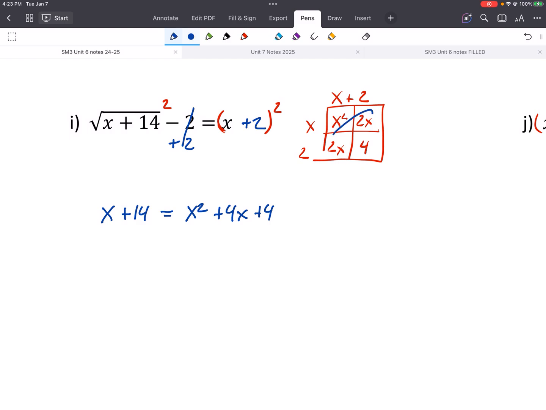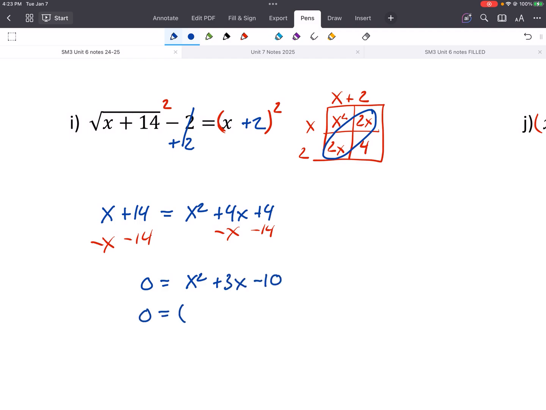Okay, because again, those will combine. Again, we have a quadratic, which means we have to have everything on one side. So we'll subtract an x, and we'll subtract 14. And we end up getting 0 equals x squared plus 3x minus 10.